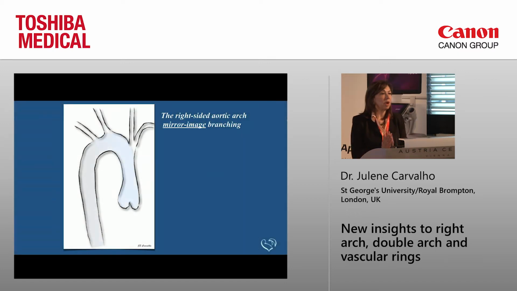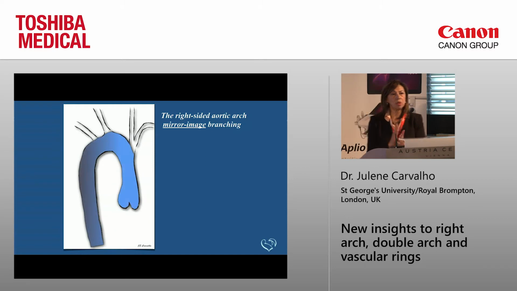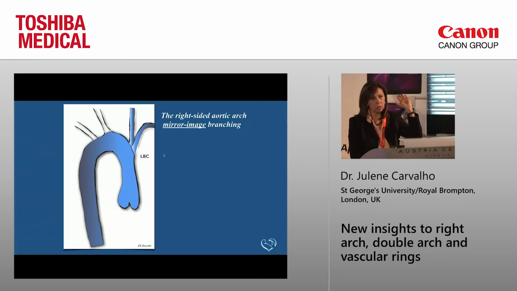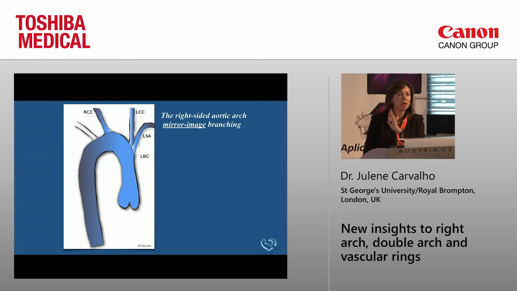So if we go back to our diagram, you can see I've just flipped the image. In a right aortic arch, your first branch goes to the left side, the left common carotid. Your second branch goes to the right side, the right common carotid, and the last branch is the right subclavian artery.